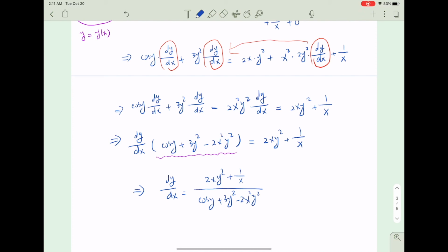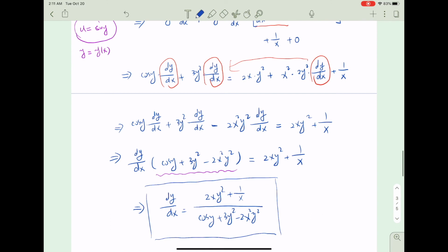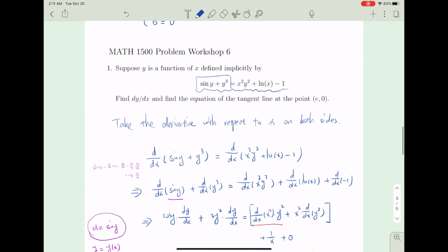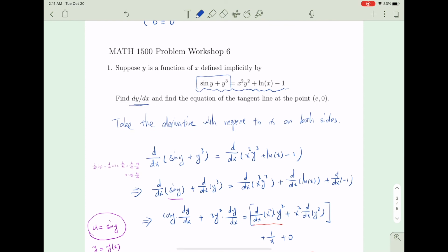And so this is our final answer. We don't have to simplify this anymore because we're not using it for anything else. Just solving this, right? Looking back to our equation, okay, actually we do, right? Find dy/dx, and also need to find the equation of the tangent line at the point (e, 0).